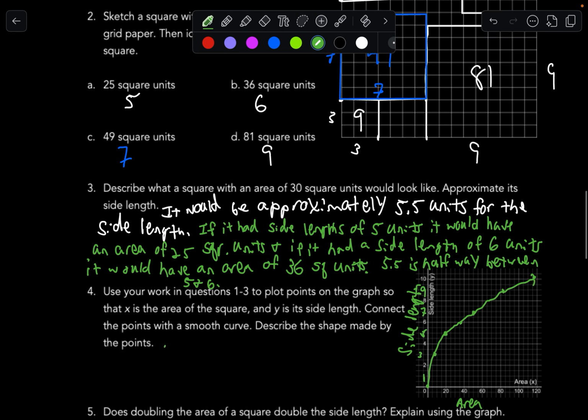Describe the shape. It starts at 0, 0. That's important to remember. 0, 0 is the starting point.